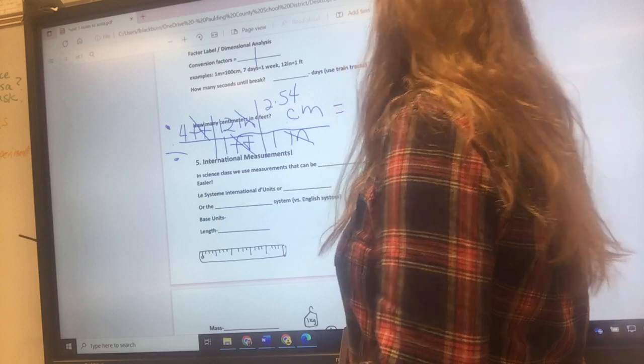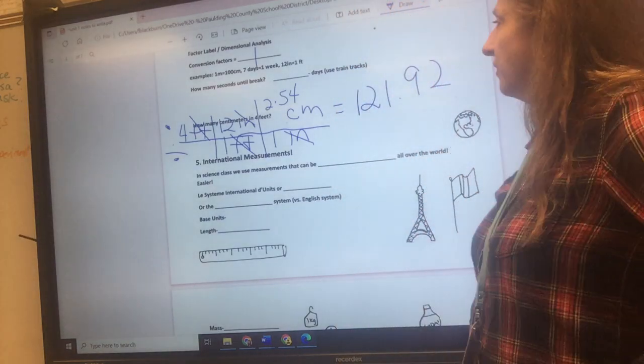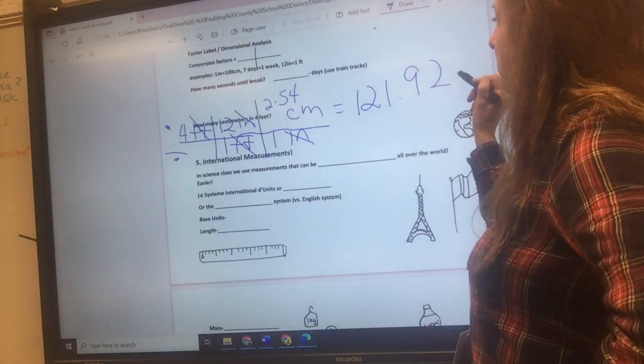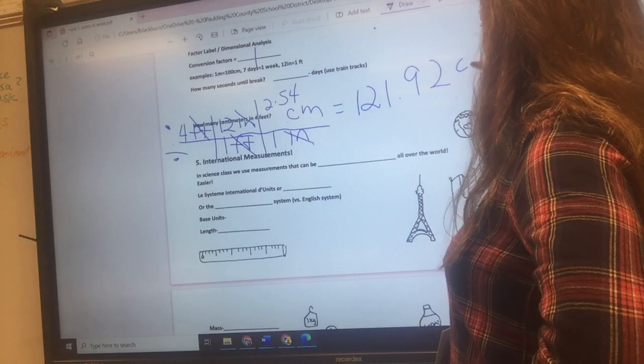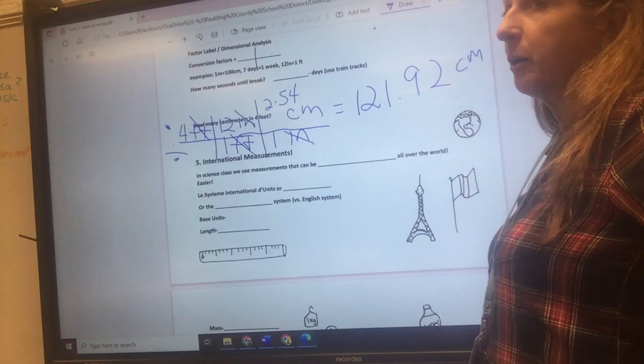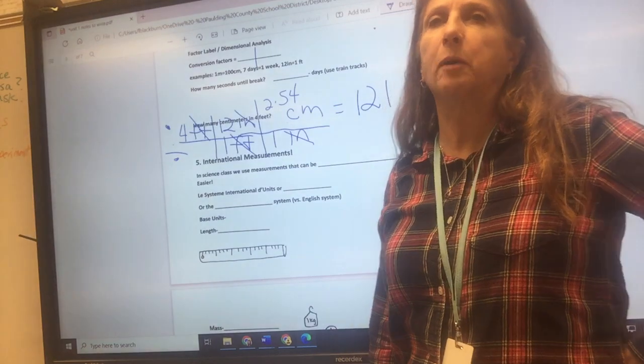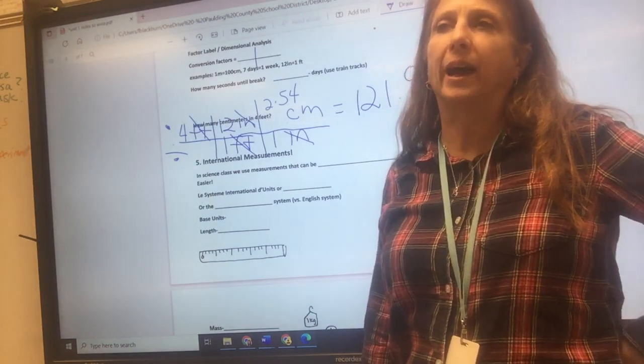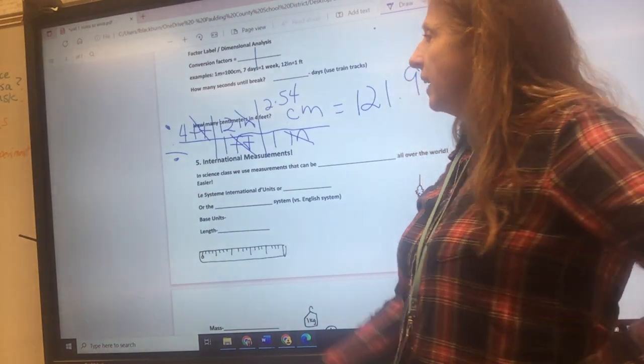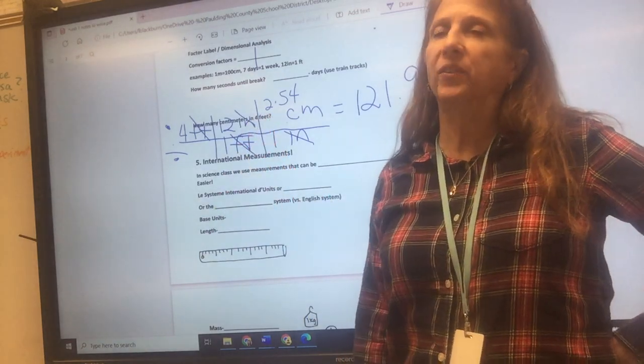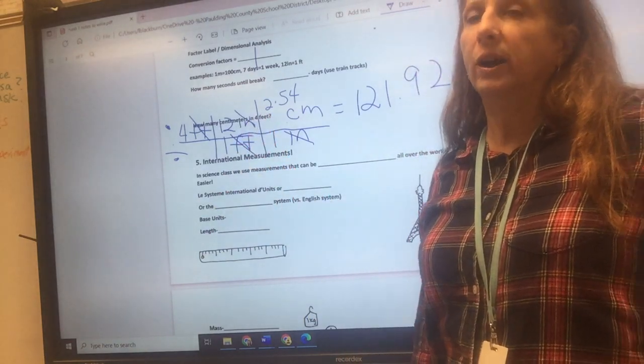Now, if we were really going to go by significant figures, what should we round it to? How many significant figures should my answer have? Did I multiply and divide or add and subtract? Multiply and divide. How many significant figures does 4 feet have? 1.